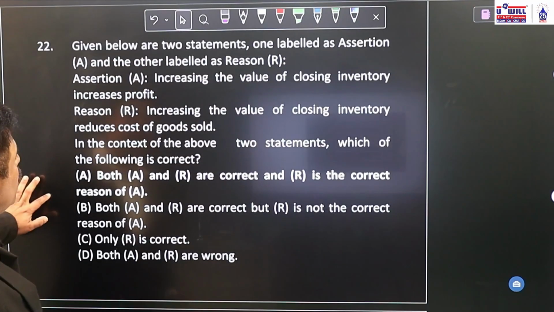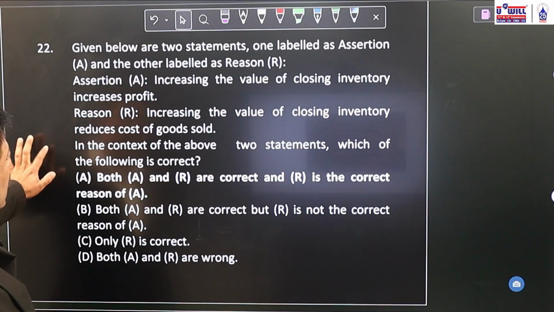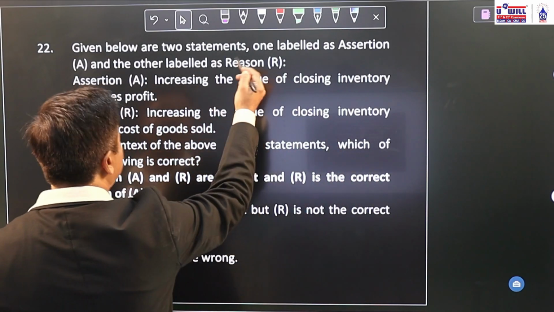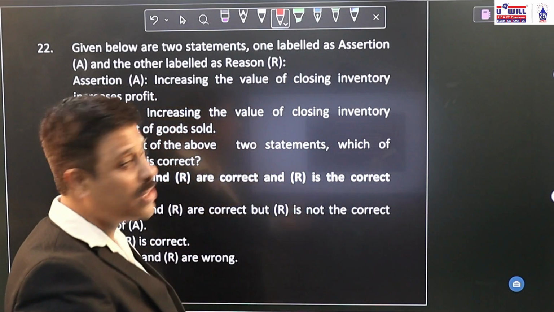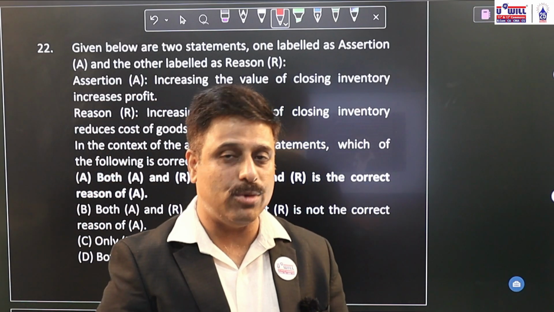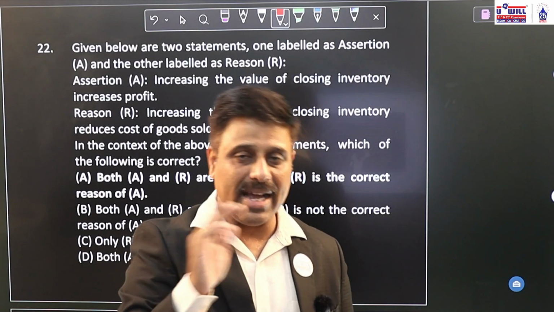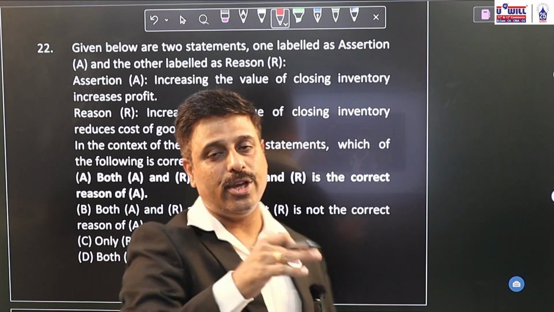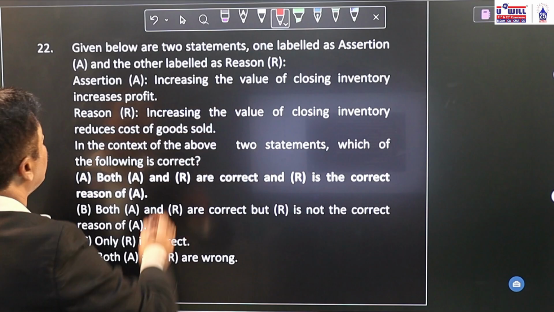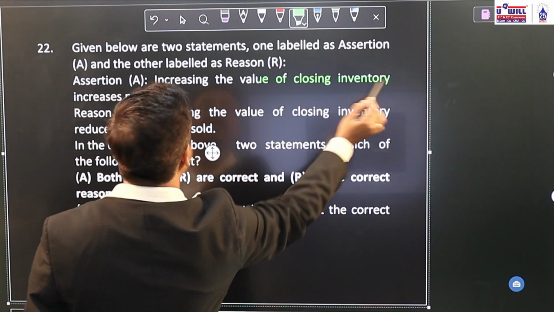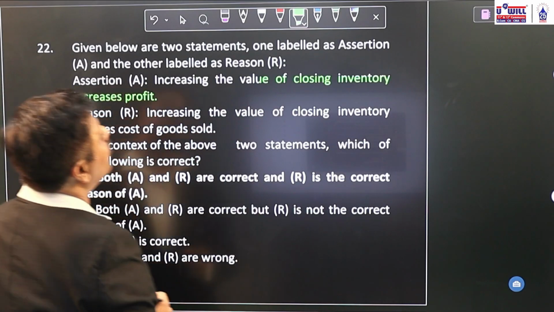Question number 22. Given below are two statements, one labeled as assertion and the other reasoning. I told you earlier also, assertion and reasoning, just read both of them and identify individually first whether they are correct or not. Then identify whether the reason is the correct reason of A or not. Assertion: increase in the value of closing inventory increases profit.